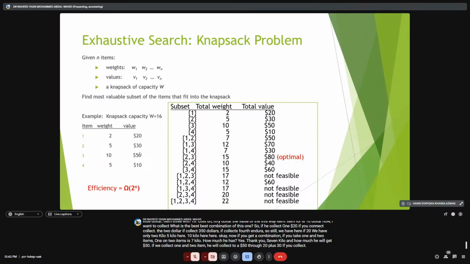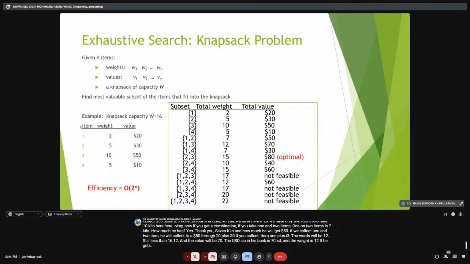If he collects item 1 plus item 3, the weight will be 12, still less than 16, and the value will be 70 USD. So in his bag is 70 USD, and the weight is 12.